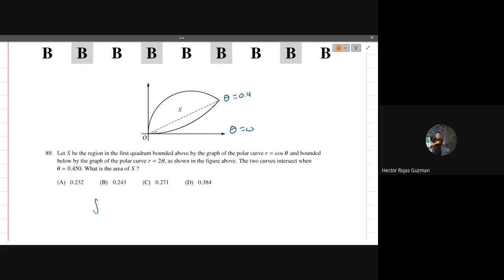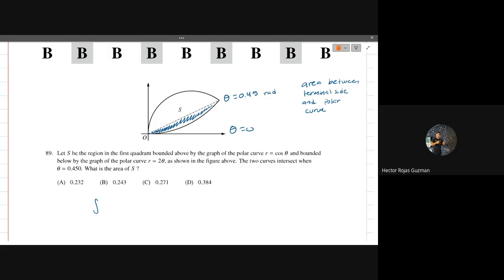And it gets to the point where theta is 0.45 radians. And at that point, we're capturing all of this area. So we're doing the area between the terminal side and the polar function, the polar curve.